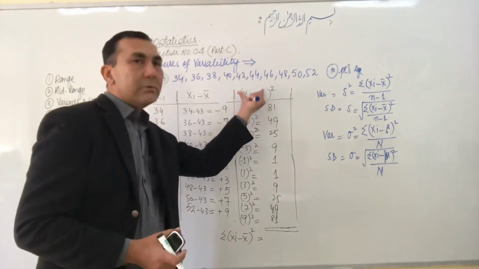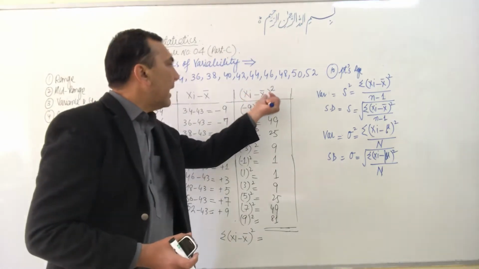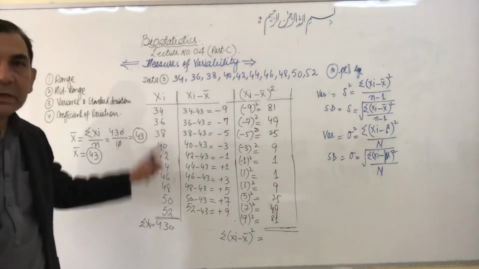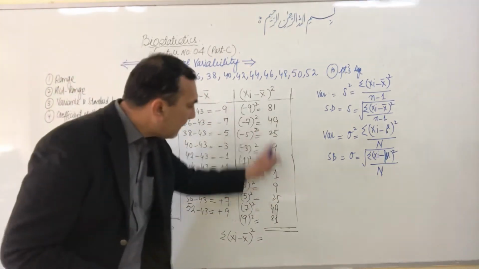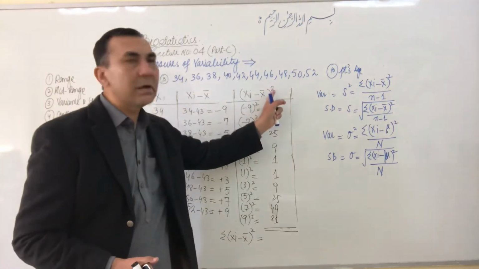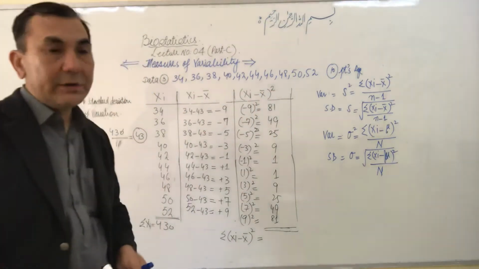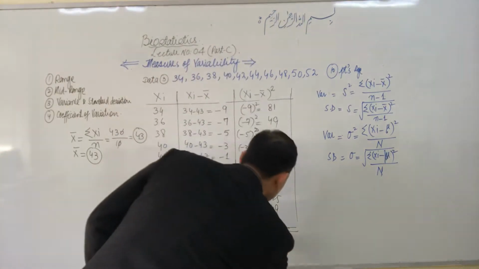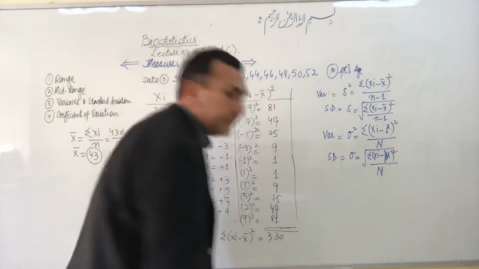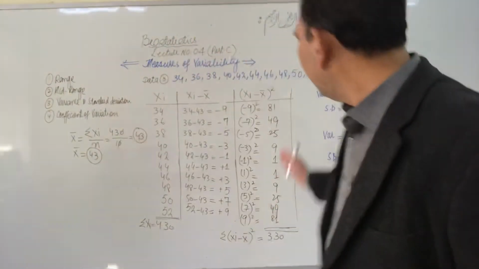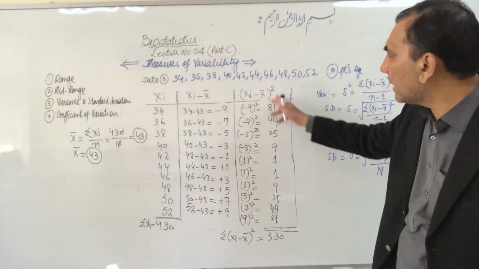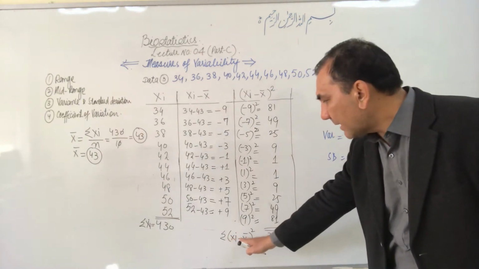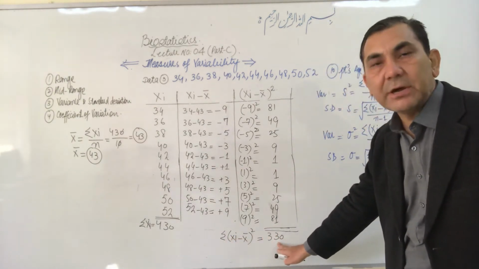We calculated xi minus x bar whole square for each data set. Now we will sum them up for the whole data. It comes up to around 330. The sum of xi minus x bar whole square is 330.